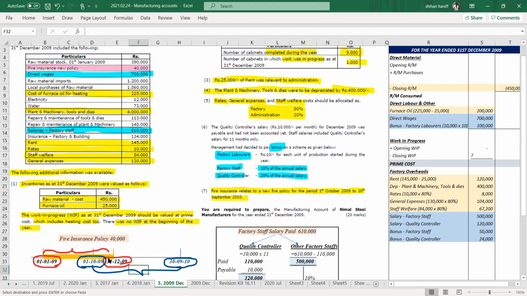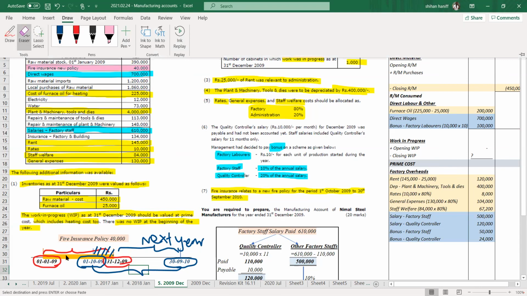Right? So for the current year, how many months belong to the current year, and how many months belong to next year? Next year means this is the prepaid. Can you all tell me how many months prepaid?